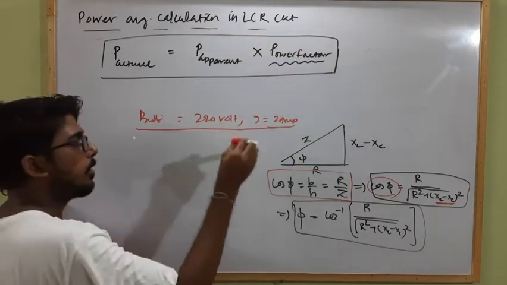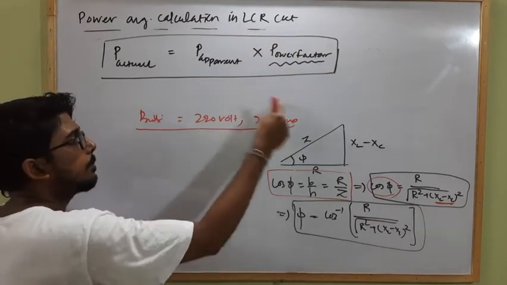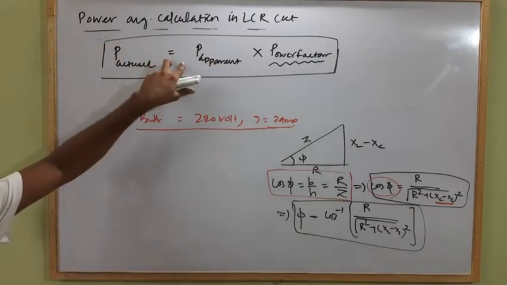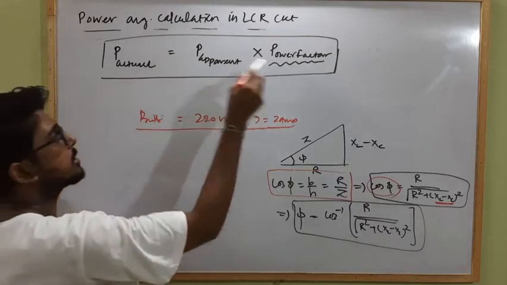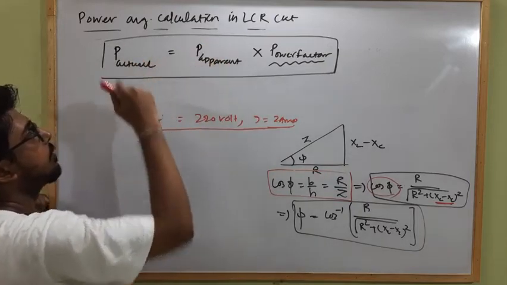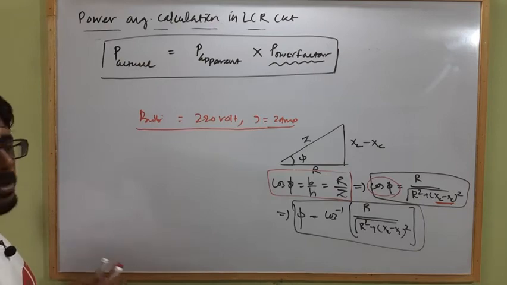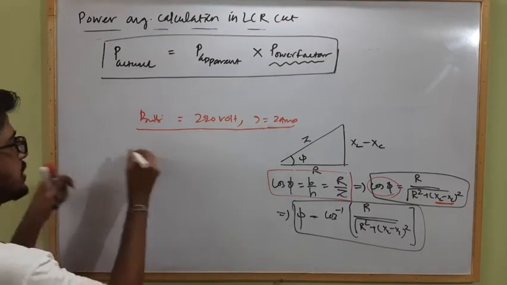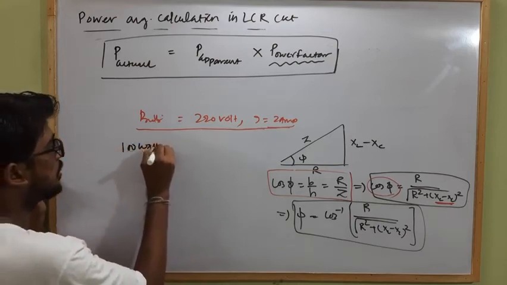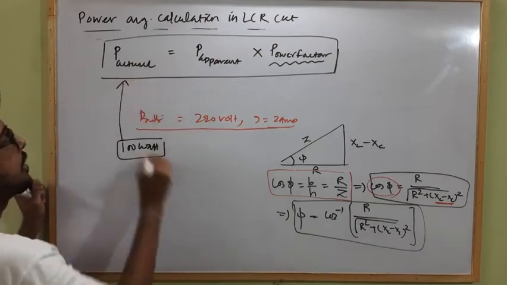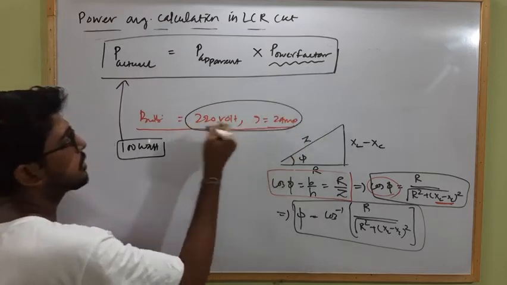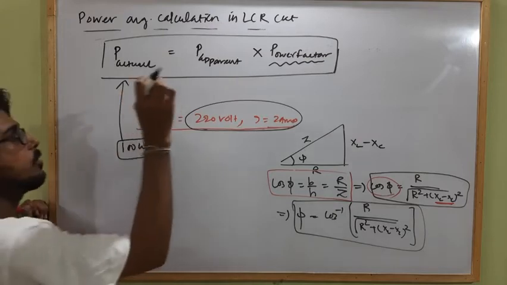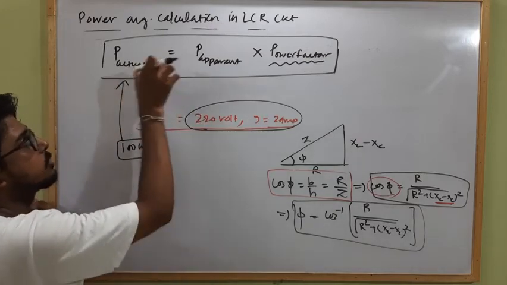So if the power factor is more, the apparent power will give us the actual power more closely. If power factor is less, then there will be a large difference between the apparent power and actual power. Okay, so if it is a 100 watt bulb and the rating is this much, 100 watt is the actual power, but this will give us the apparent power, and depending upon the power factor we will determine the gap between actual power and apparent power.